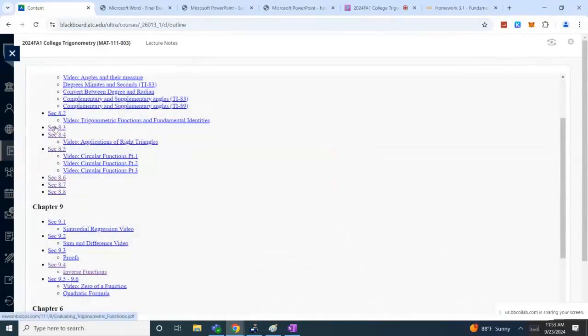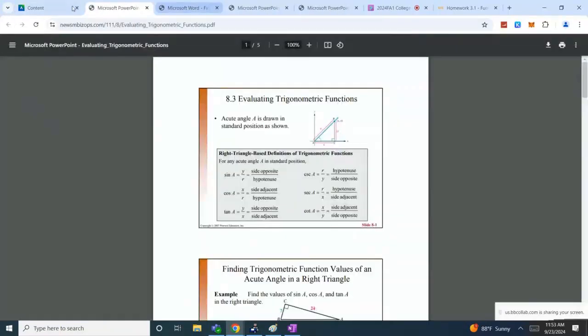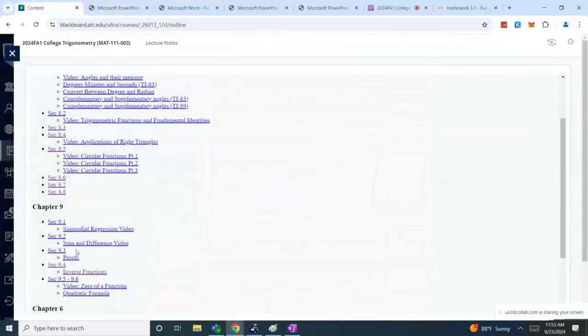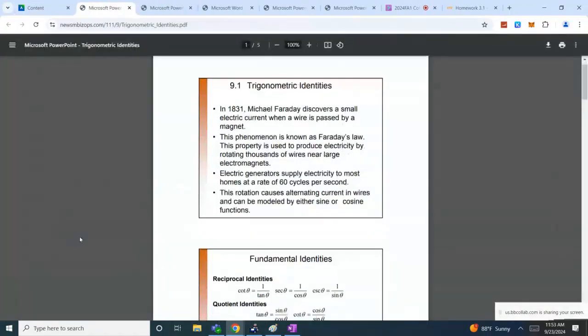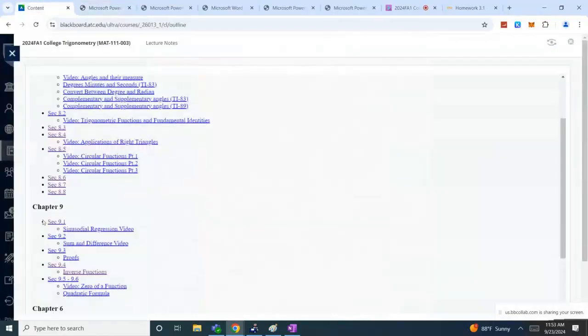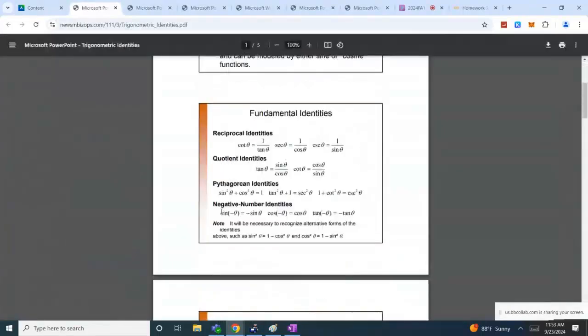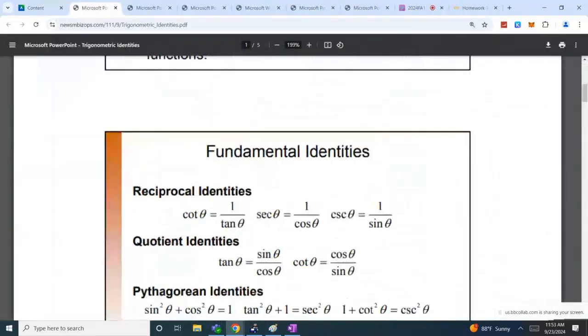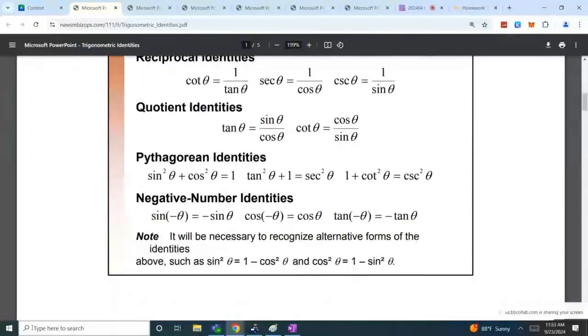This stuff is all scattered out. Okay, it's actually in section 9.1. In section 9.1, it is on this very first slide, and it is called negative number identities.